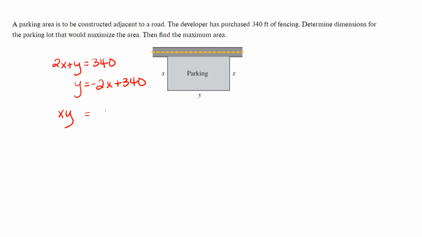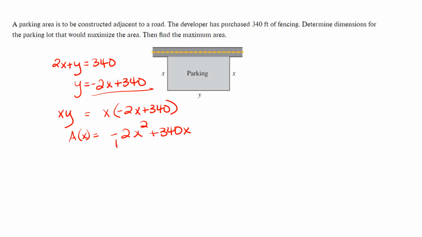If we substitute this value for Y, we get X times negative 2X plus 340, which is equal to negative 2X squared plus 340X. Okay, so this is our area function. We could call it A of X because it is a function in terms of X that represents the area of this parking lot.